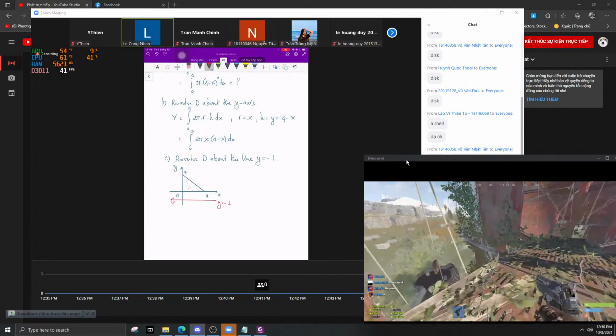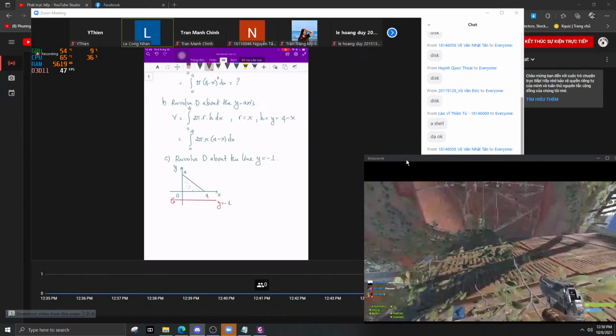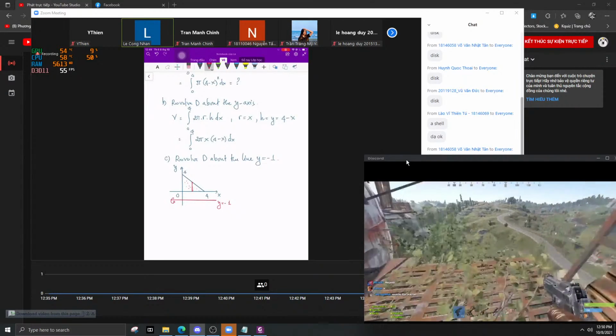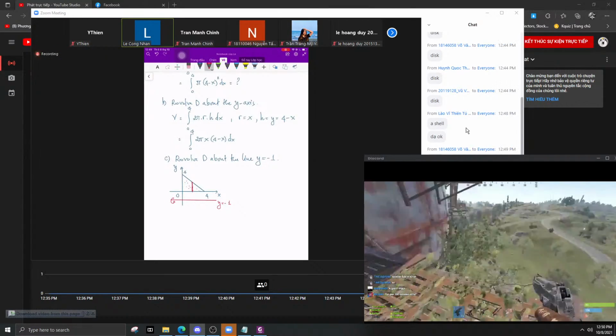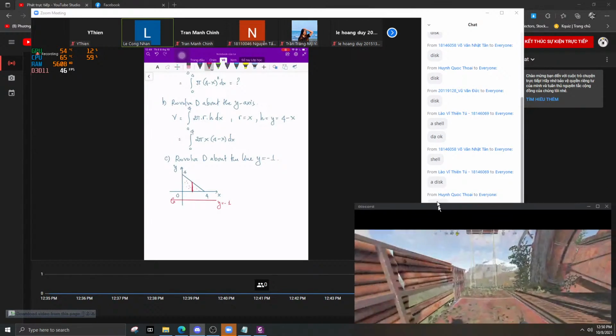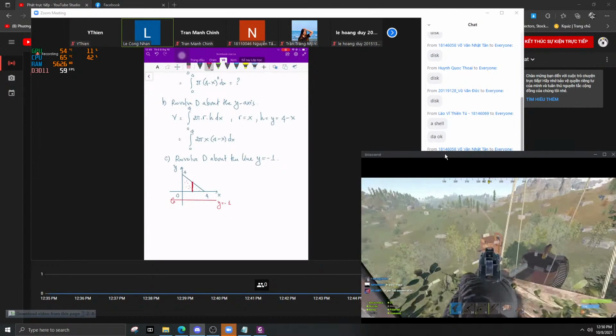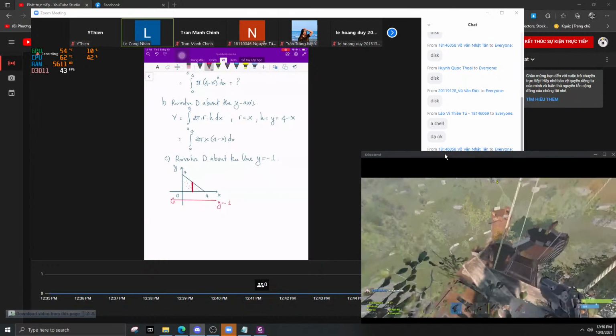To compute the volume of that solid, we choose a representative rectangle. For example, we choose the vertical strip, a representative rectangle with very small change in x.